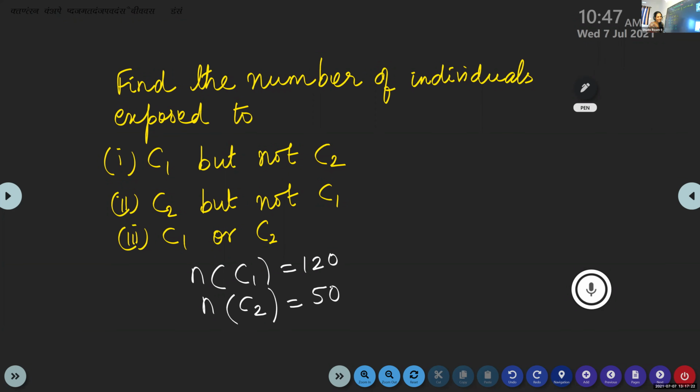Then, here it is C1 and C2, so we should write C1 intersection C2. The notation we are using is C1 and C2, so in the next case also we should use the same thing. C1 intersection C2 is 30. Is it correct, Roseanne? Up to this, is it okay?